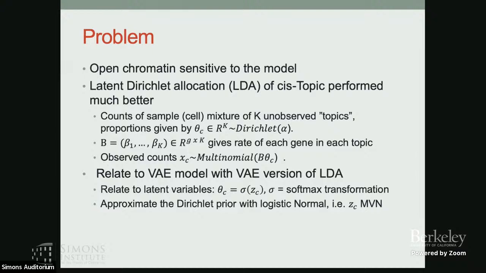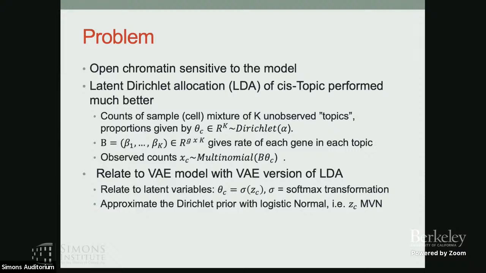This is independent of cell, shared across, say, all of the mRNA, and this is per cell. By putting those together, you can get your observed counts, which is going to be, say, a multinomial across this combination. So this is the cisTopic strategy.